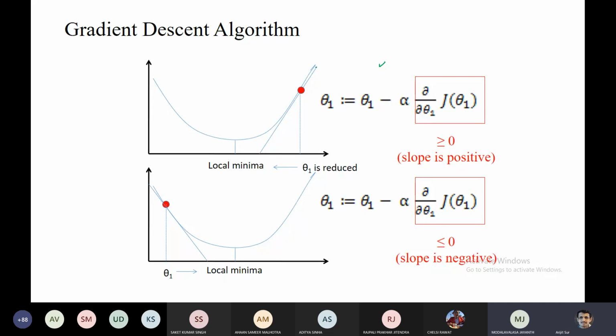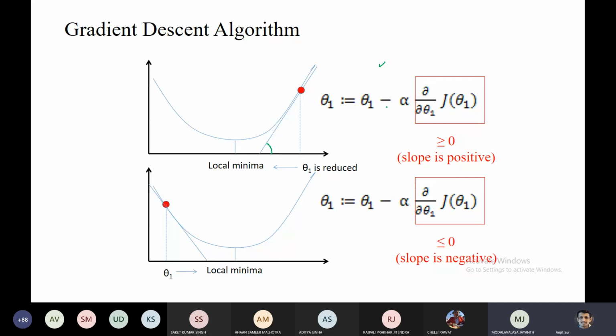If you draw a tangent at this point, it makes an angle with the theta 1 axis. This slope is positive, so this particular slope is greater than 0.